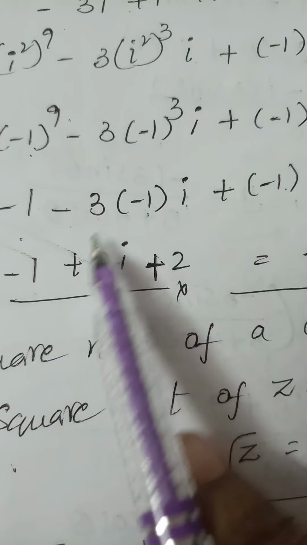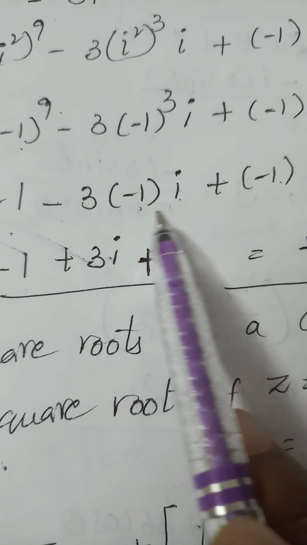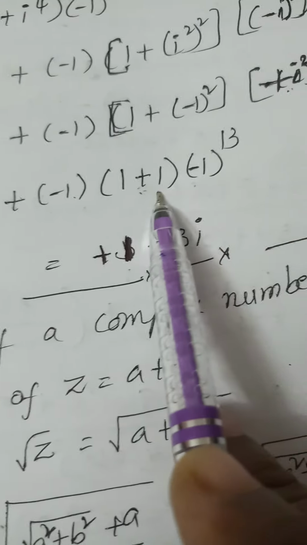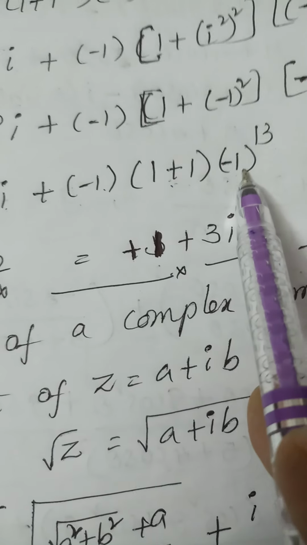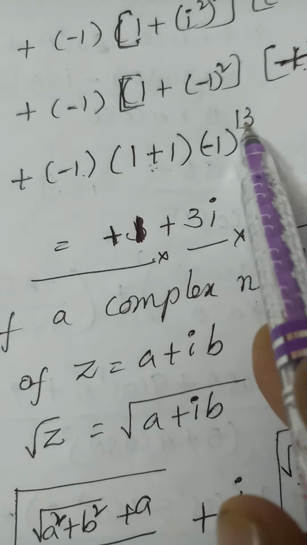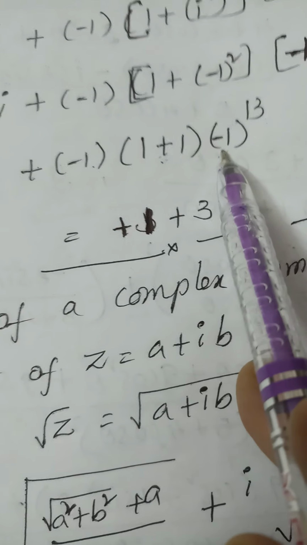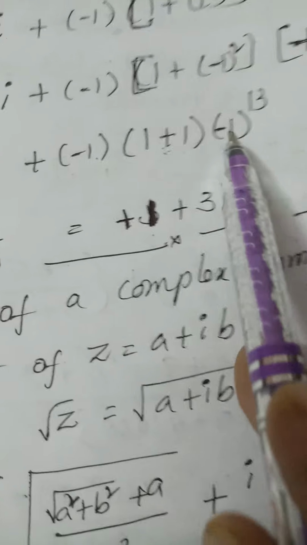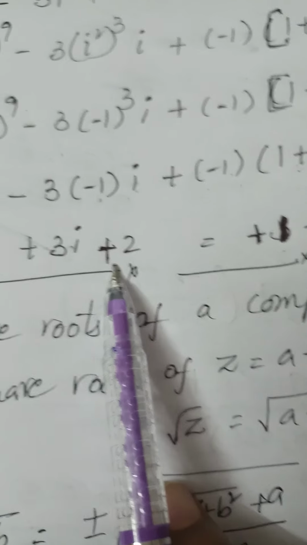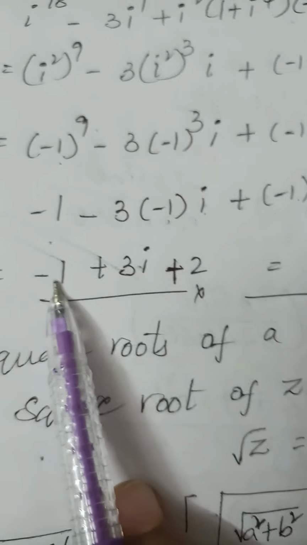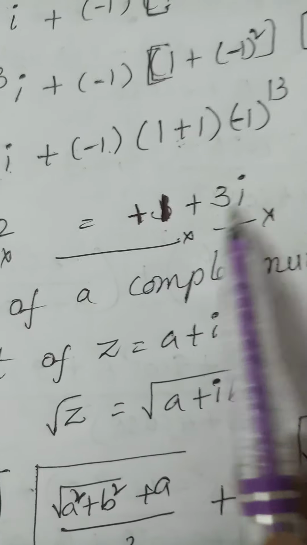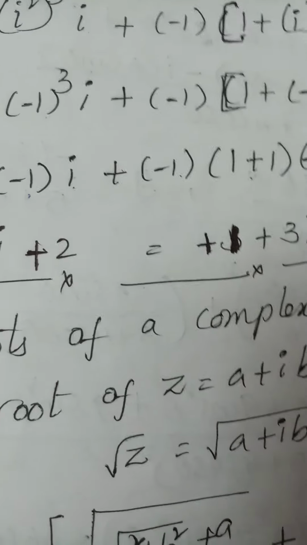Minus into minus will become plus 3 into 1, 3 ones are 3, into i is 3i, plus 1 plus 1 is 2, and minus 1 power 13 is minus 1. So minus into minus will become plus, 1 into 2 is 2, plus 2. So this is minus 1 and this is plus 2. 2 minus 1 will give you 1. So 1 plus 3i is the answer. This is the solution.